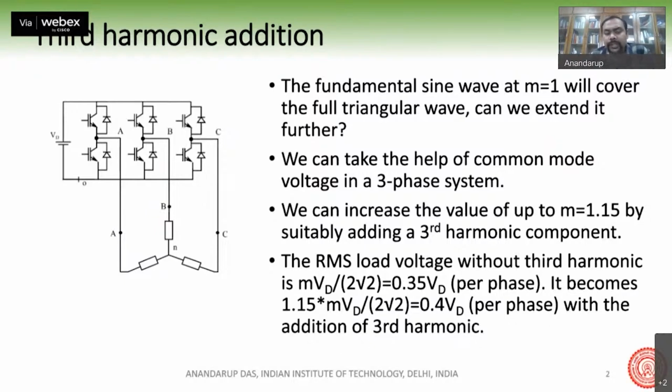So the third harmonic voltage, if you generate it by switching action through the switches, will exist in the pole voltage, but it will not be able to inject any third harmonic current into the load. And this is what we take advantage of. We inject a third harmonic in such a way that we can extract more fundamental out of the DC bus of this converter.